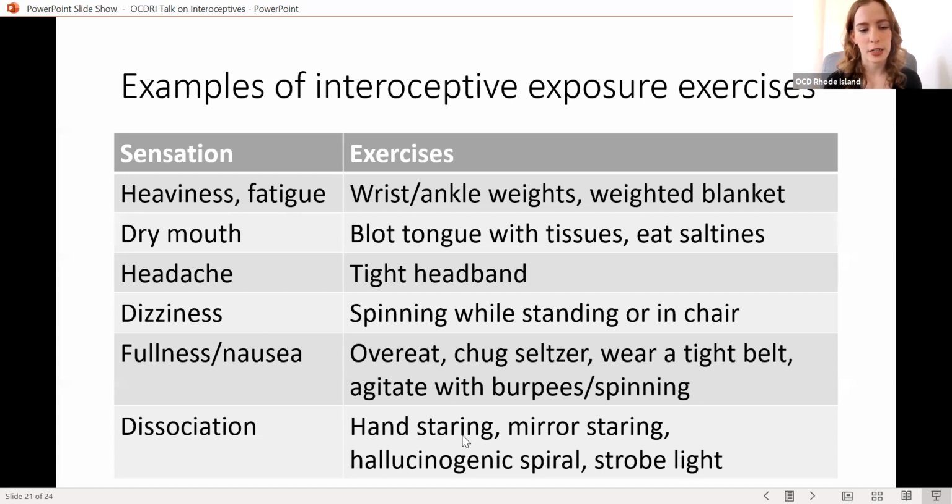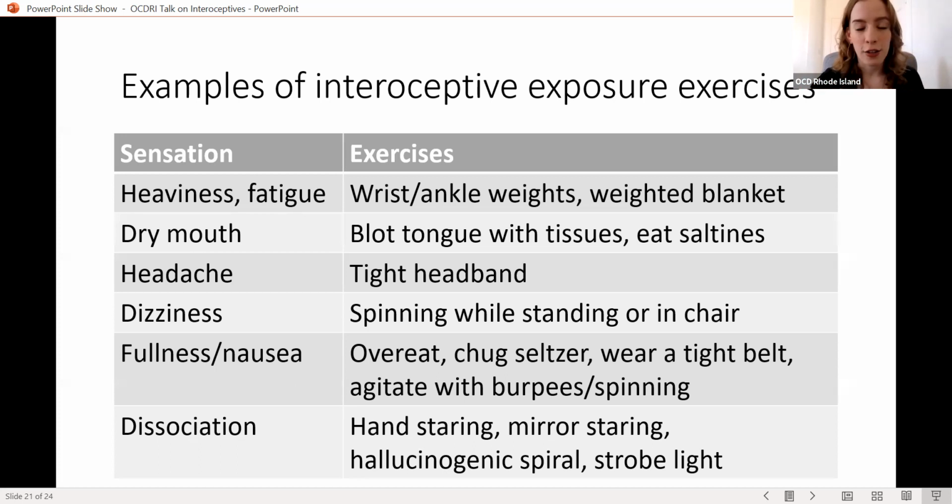As you can see here with dissociation, remember those are the feelings of being unreal or your environment being unreal. There's some interesting research about how that can be induced on purpose for the purpose of building your tolerance to it. Of course, it's exposure therapy. You can look at your own hand at extremely close range, which can bring on dissociation for some people.